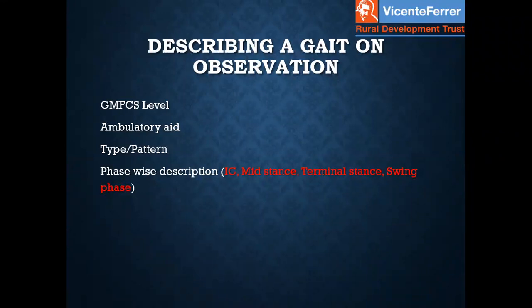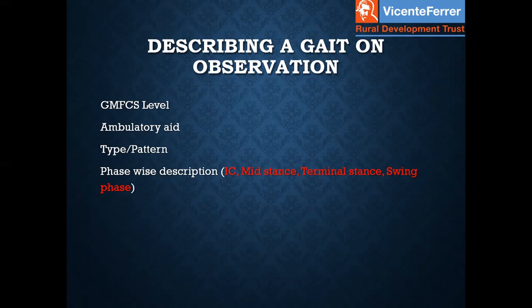Stage 5, he is completely dependent. He doesn't even mobilize on his own with the help of an electronic wheelchair.